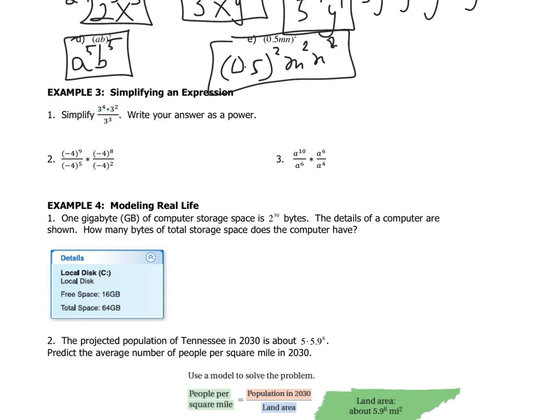So the numerator, if I go step by step, is now going to be 3 to the sixth over 3 to the third. Well, in my MADSPAM rules, same bases, when we divide, it tells me to subtract these two exponents. So I'm going to say keep that base of a 3, and then 6 minus 3 gives me 3 to the third.